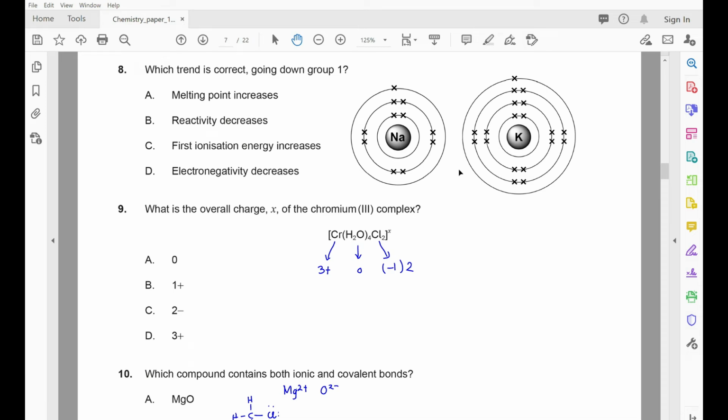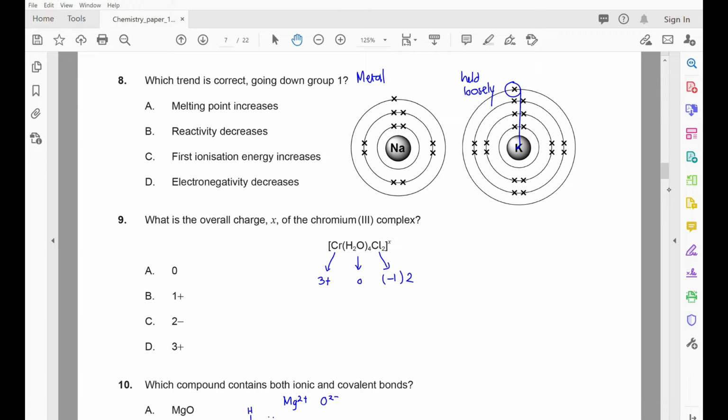Which trend is correct going down group 1? Group 1 is metal. As we go down the group, the radius increases. So let's take a look at sodium and potassium. Sodium is above potassium. Because the valence electron of potassium is farther from the nucleus, this valence electron is held more loosely and it's easier to remove.